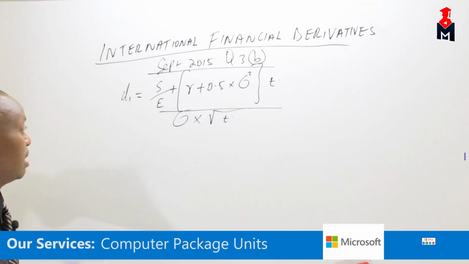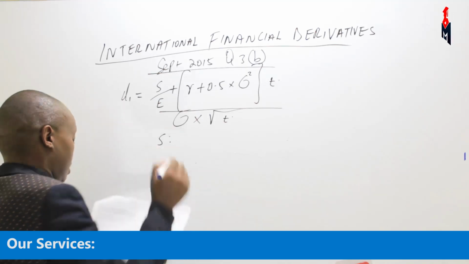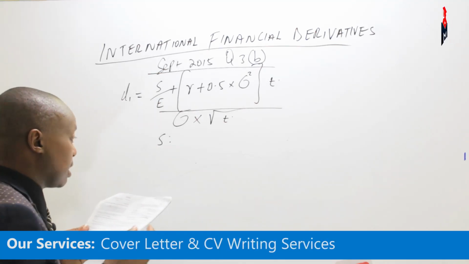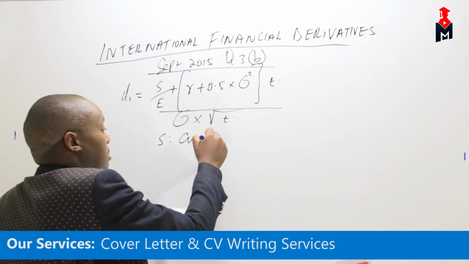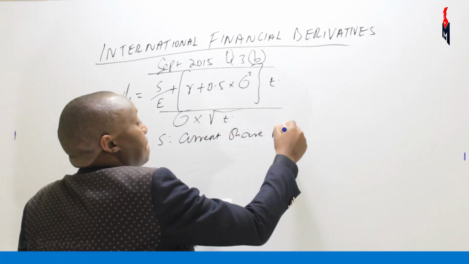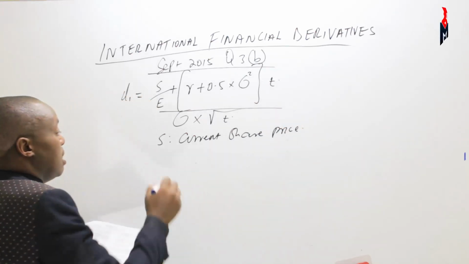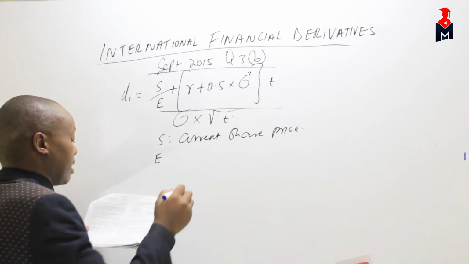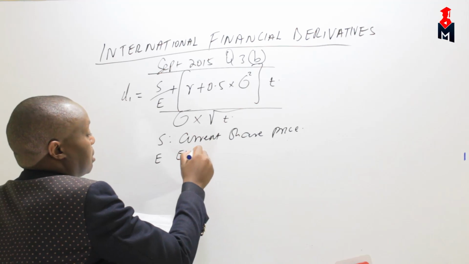In this case, S represents the current market share price. E represents the exercise price of the options.